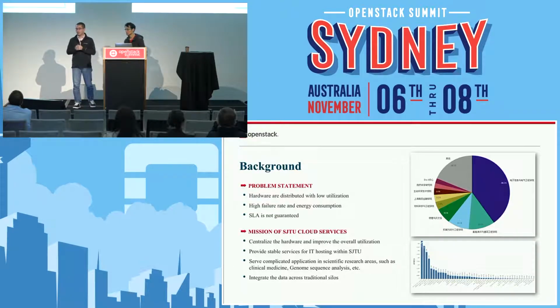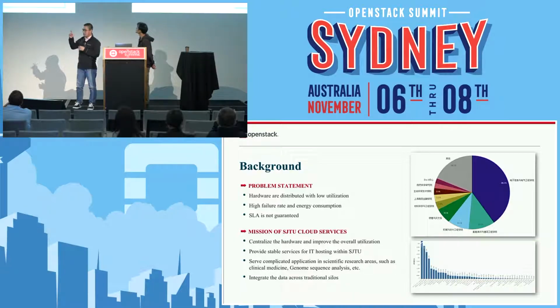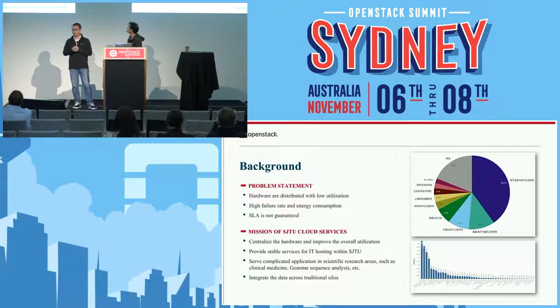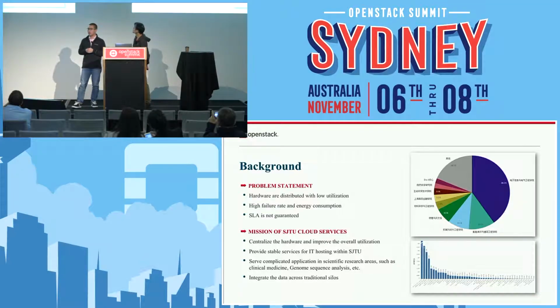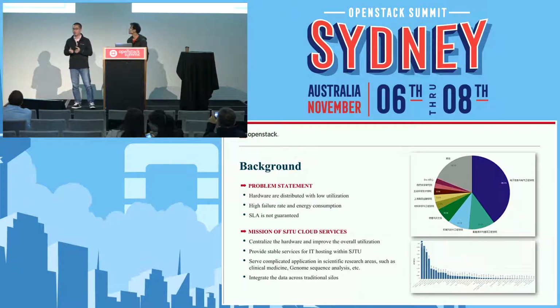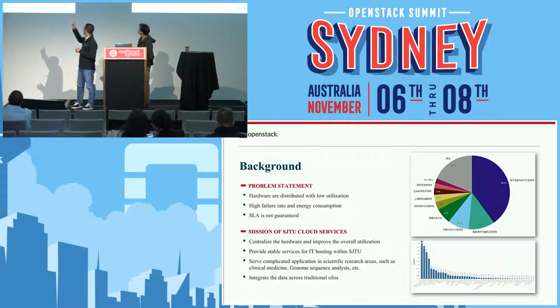So as we see in the picture on the right, different colleges use different shares of the hardware resources, and you can see the percentage is very high in the blue. That is computer science. And for scientific research, that is the lowest, right?